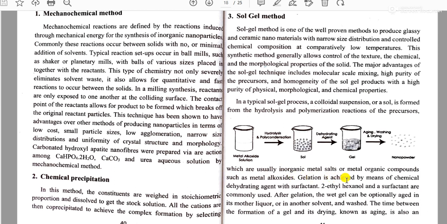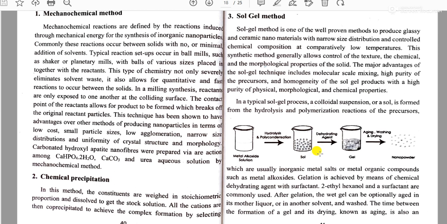Gelation is achieved by means of a chemical dehydrating agent with surfactant. A dehydrating agent means a chemical that can remove water molecules, water of hydration.